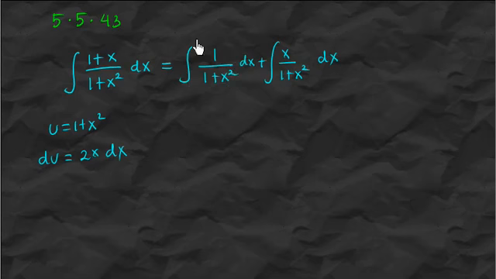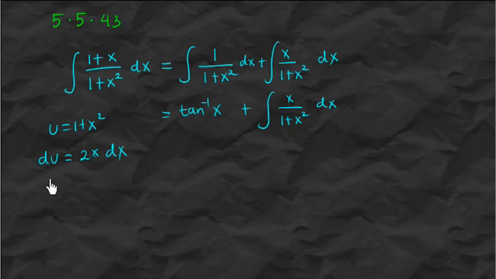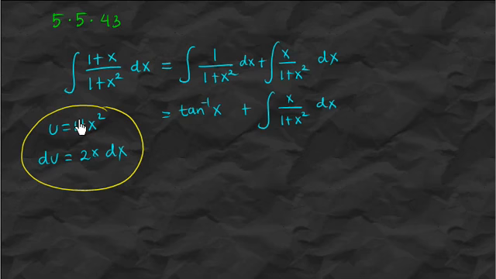We already know that the antiderivative of 1 over 1 plus x squared is tangent inverse. So now we can see that the substitution is helpful for us not for this whole integral but only for this second integral. So we keep the arctangent of x.